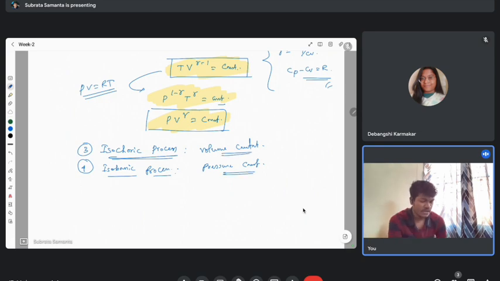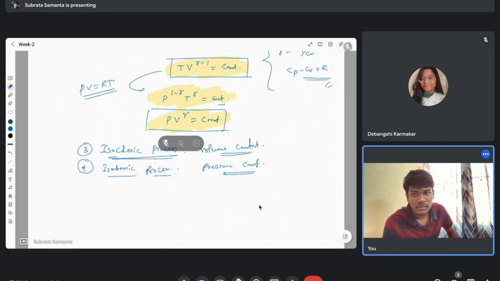So your variables are pressure, temperature and volume. If these are constant, then we get the isobaric, isochoric processes and so on.